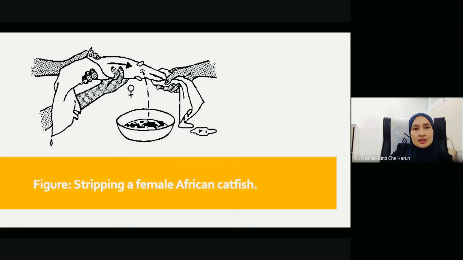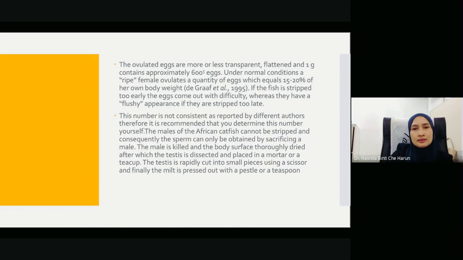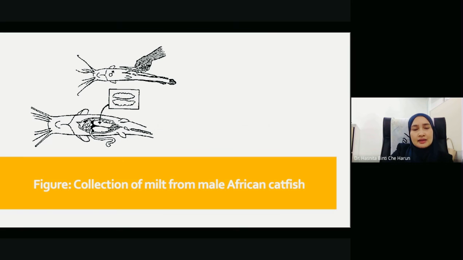So this is how you strip eggs from a female African catfish. I will provide a video so that you can imagine how you do this process. And this is the process of collecting milk from male African catfish.